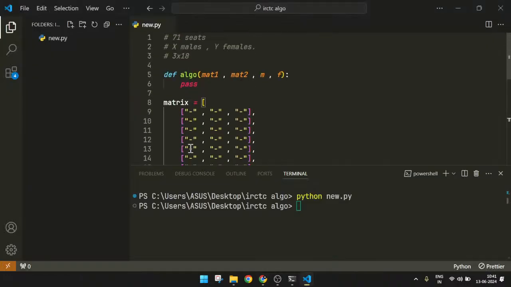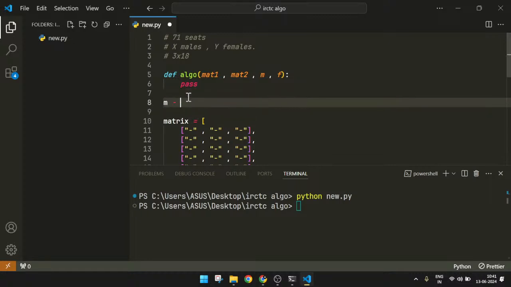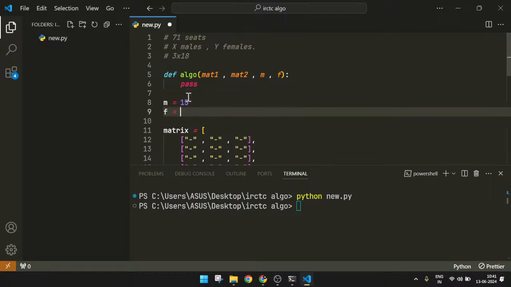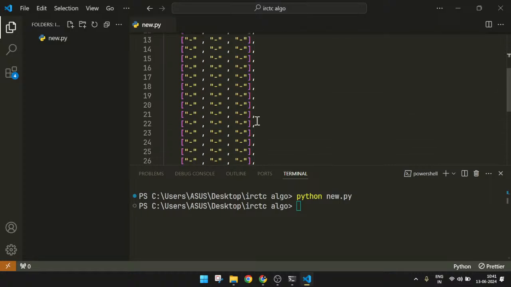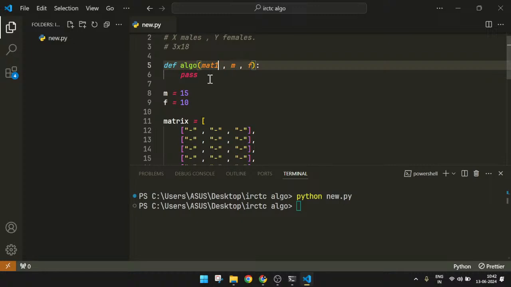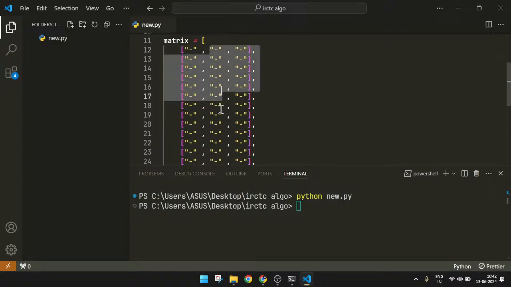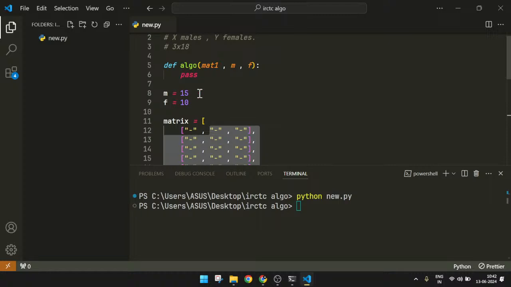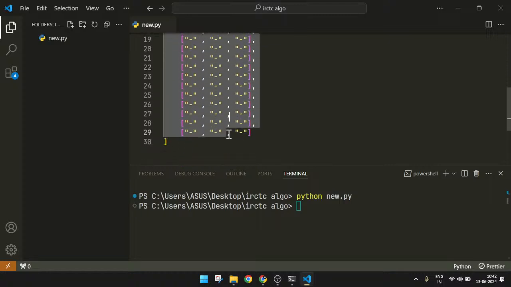So the number of males is 15 and females is 10. For now, I'll not consider the bogey number. I just have to loop to this number and assign it here.